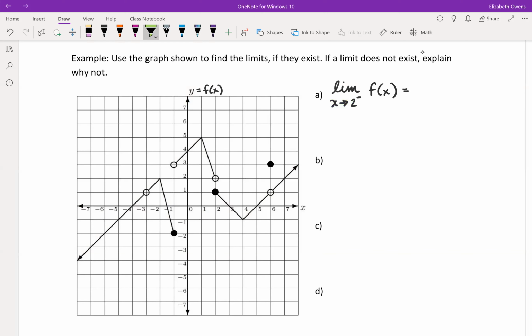So that would be right here. Now, the little minus sign notation does mean from the left. So we want values that are to the left of x equals 2. And that's where we want to approach from.